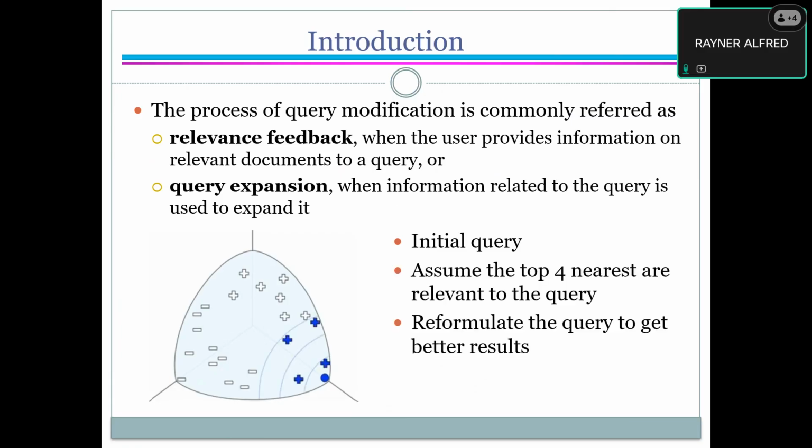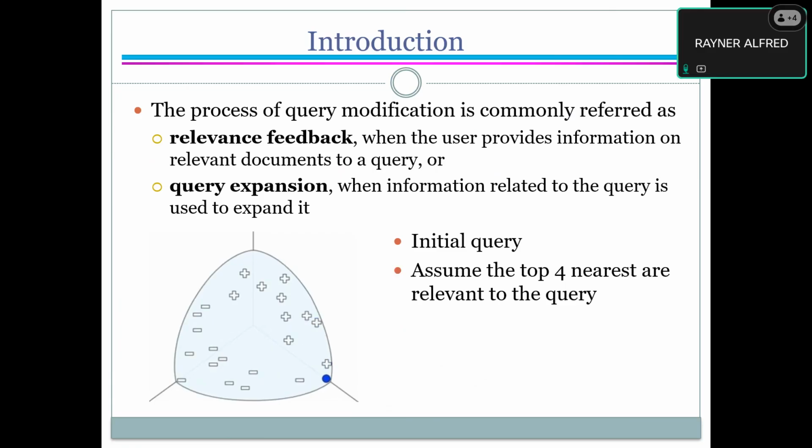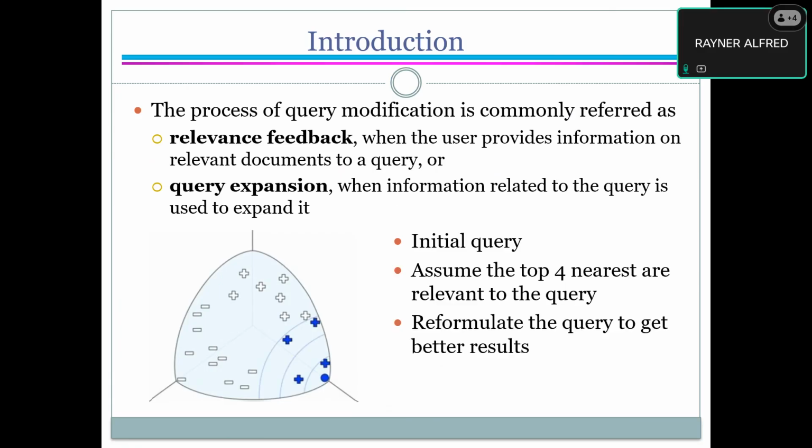So for example, before and after. We are given these 4 documents. What happens is that when we reformulate the query to get a better result, it will be moved to that position. Okay, so this is the assumption that we made.